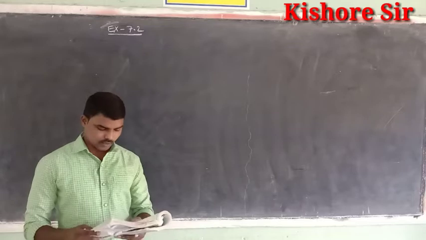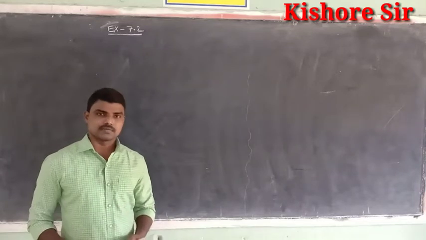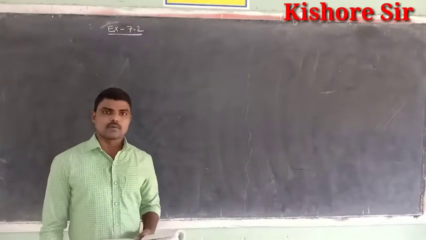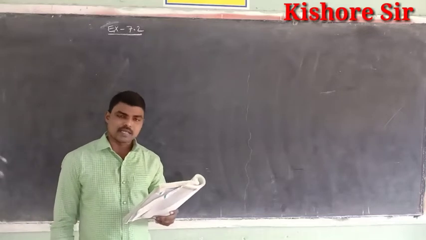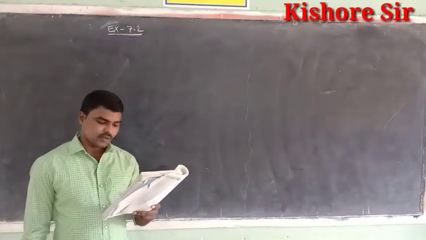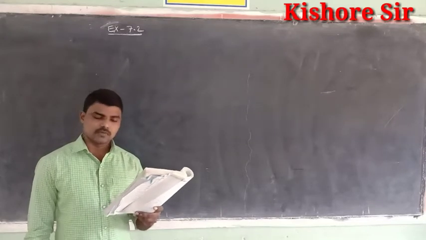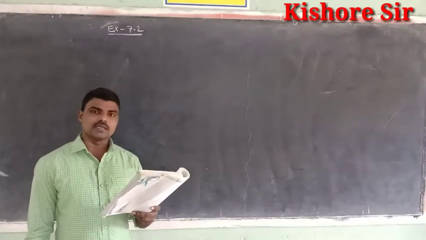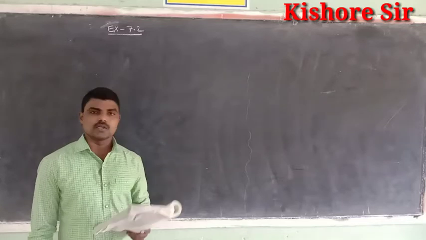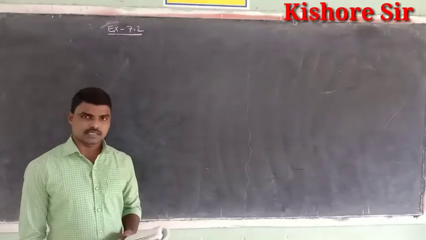Okay, next, problem number 7 in exercise 7.2. Find the coordinates of the points which divide the line segment joining A(-4, 0) and B(0, 6) into 4 equal parts.